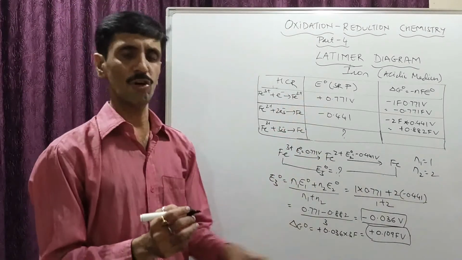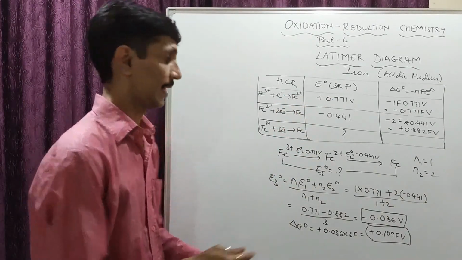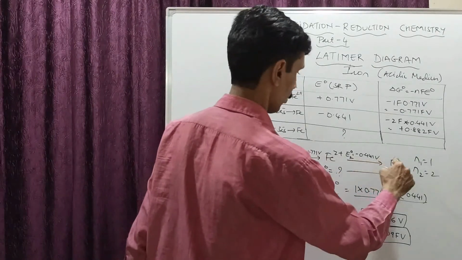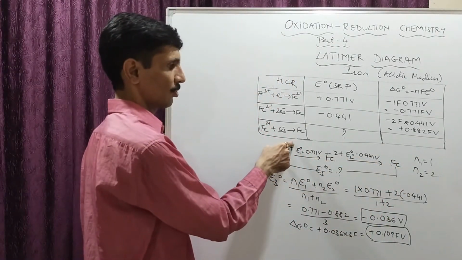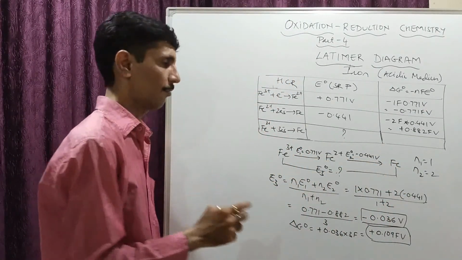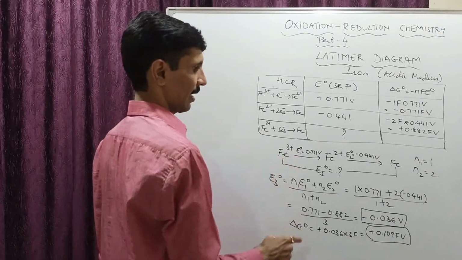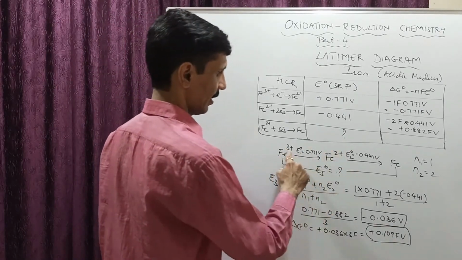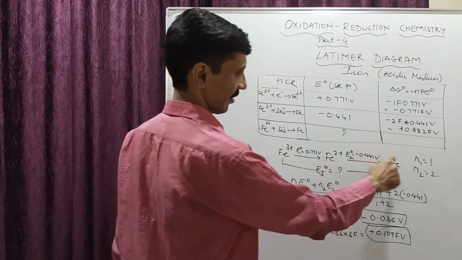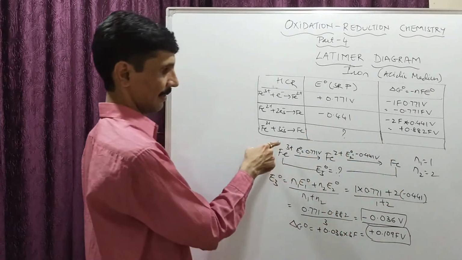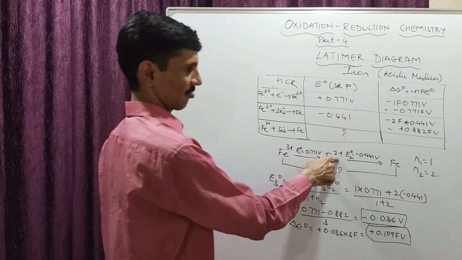So you can check it out now over here. On the basis of Latimer diagram, this is what the Latimer diagram is all about. Above the arrow, we are going to write down the values of the SRP. Okay, and then we are going to connect it with the stepwise half cell reactions. And also you can see that the connection is with the various oxidation states.